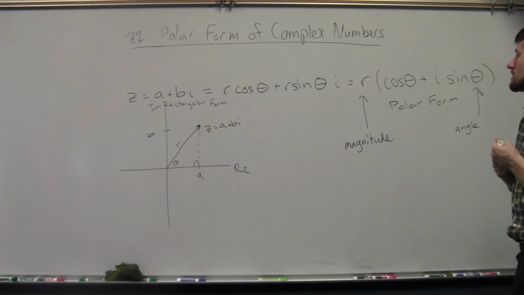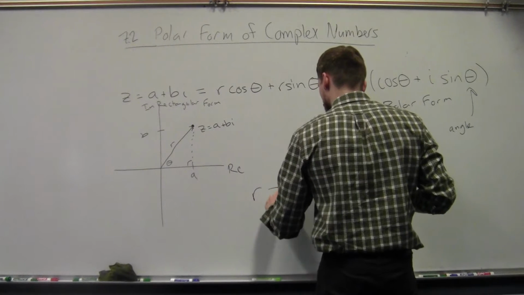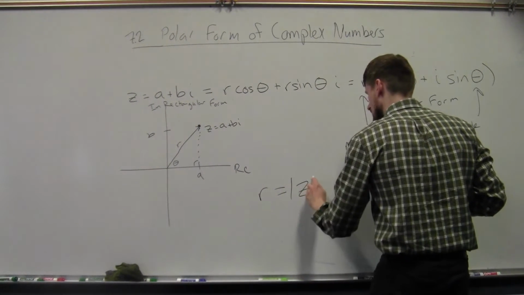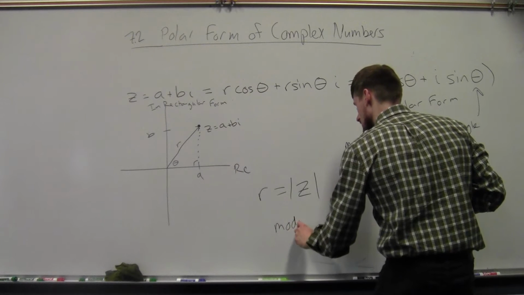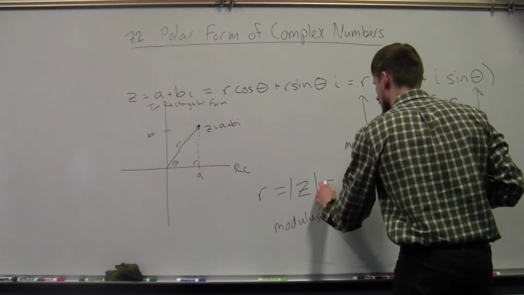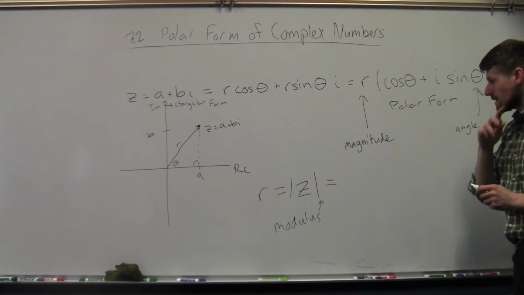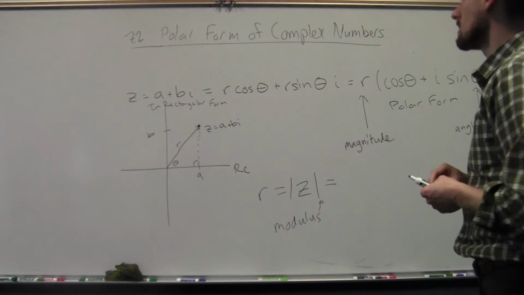One thing to note is that this r, this number here, is often called the modulus of z. This is pronounced modulus of z. And how would you get that distance from looking at A and B?